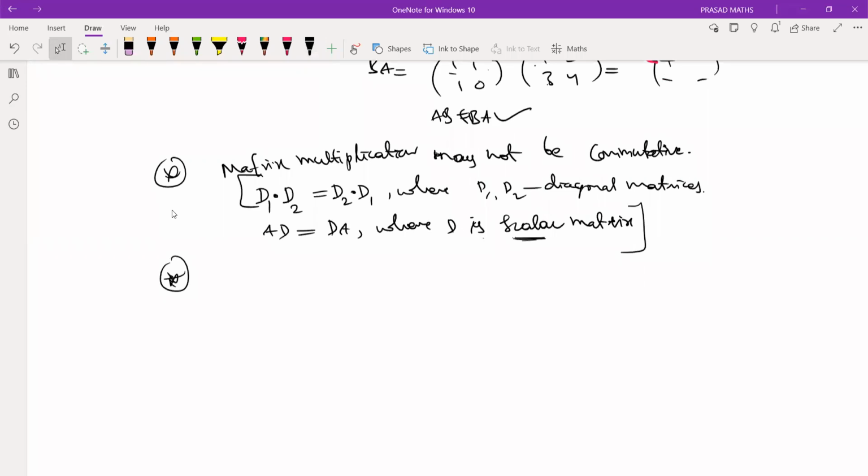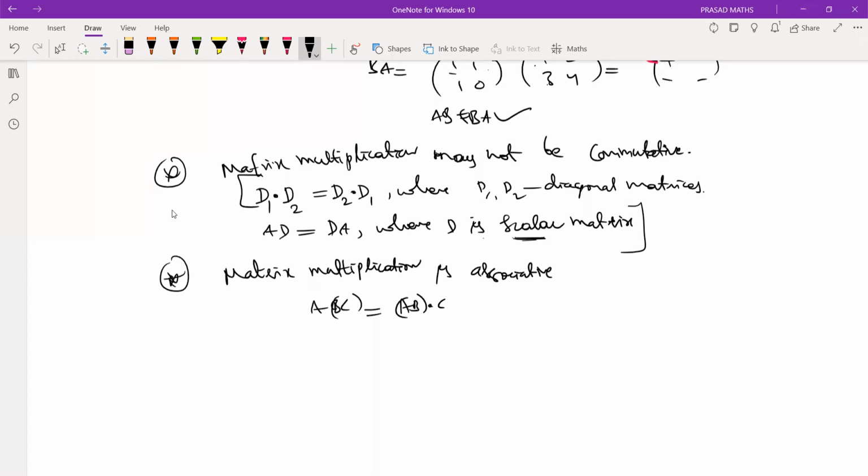Next, multiplication of matrices is associative. That is, (A into B) into C equals A into (B into C), provided they are conformable. What do you mean by conformable?